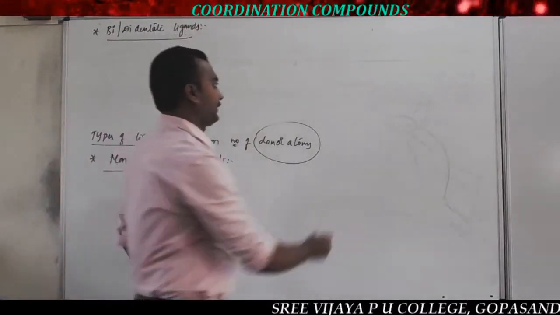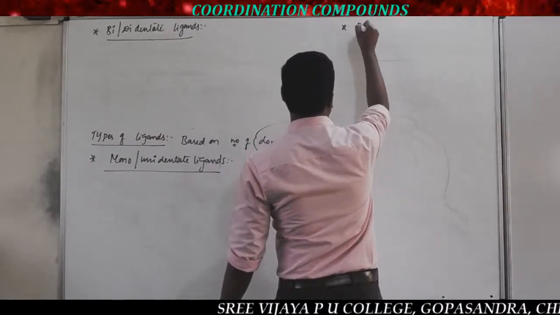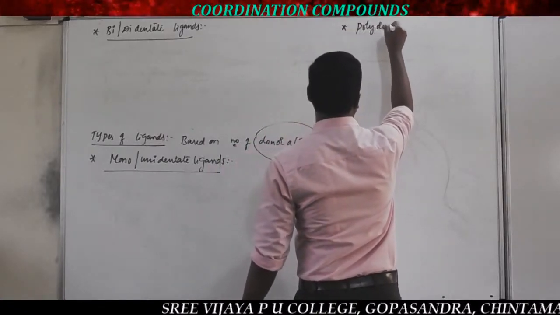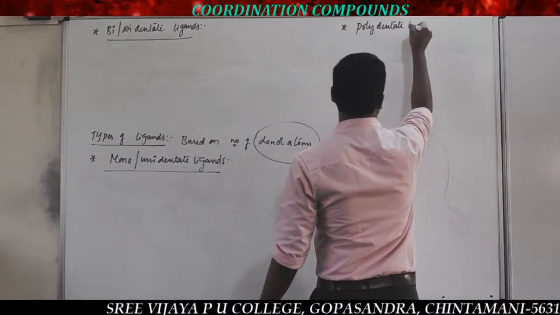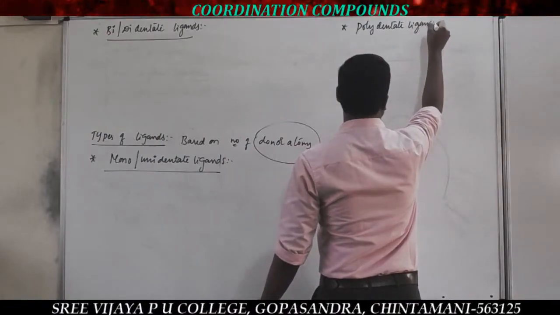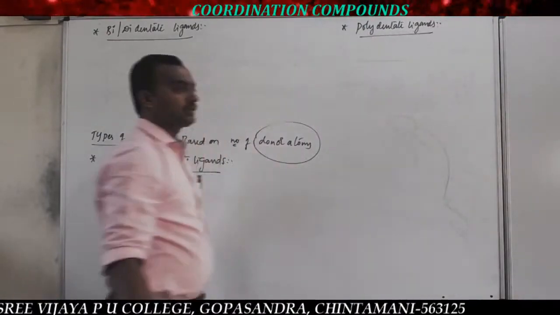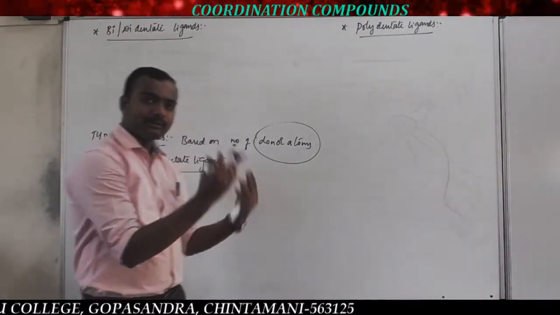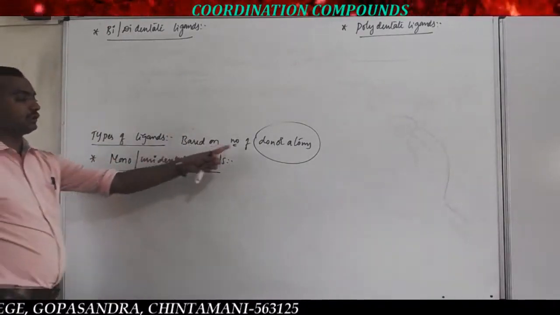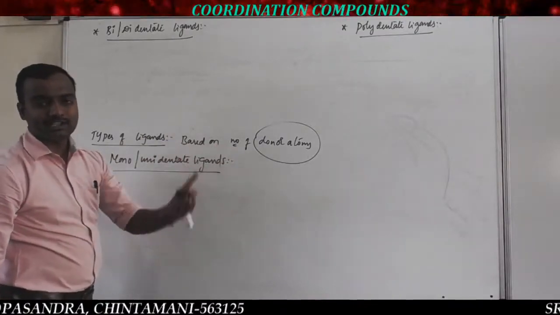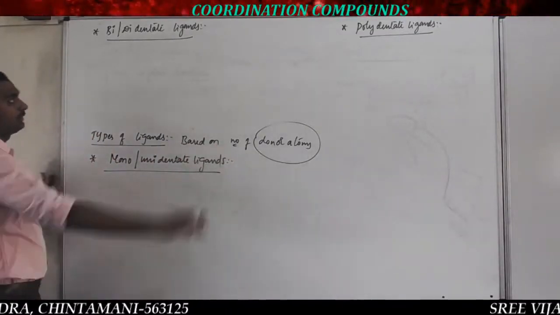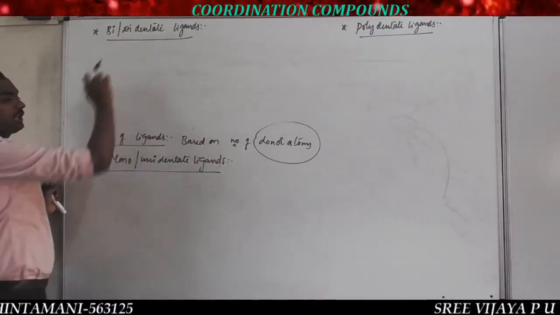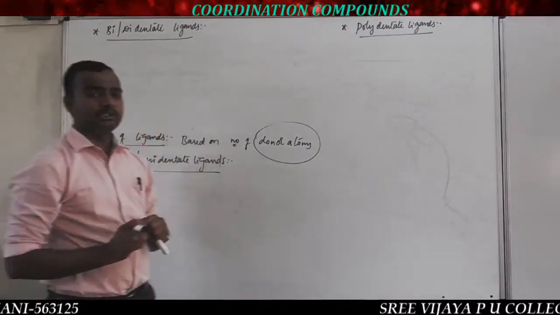And the third one is polydentate ligands. Of course, there are another 2 types, one is the ambidentate ligand and one is the chelating ligand. I will explain later. So based on the donor atoms, you can classify the ligands into 3 types: monodentate, bidentate or didentate, and polydentate ligands.